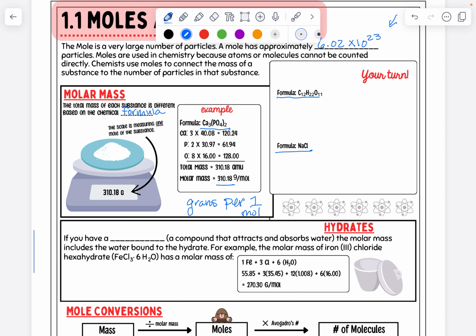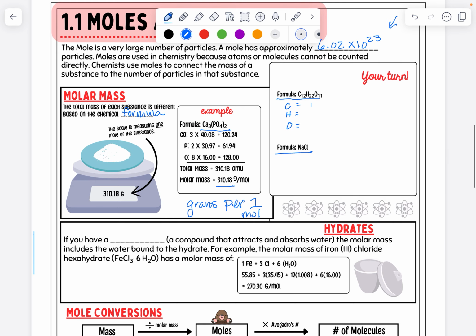Okay, so to find the molar mass, I'm going to take each of my elements. I have carbon, I have hydrogen, and I have oxygen. I'm going to find out how many I have of each. Remember, the subscript here tells us how many we have of each, and that there's no parentheses, so we don't have to multiply. So I have 12 carbons, I have 22 hydrogens, and I have 11 oxygens.